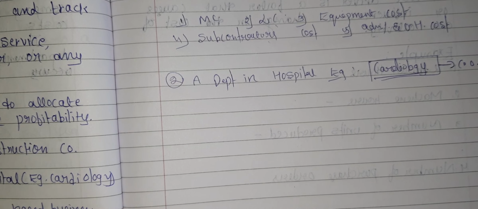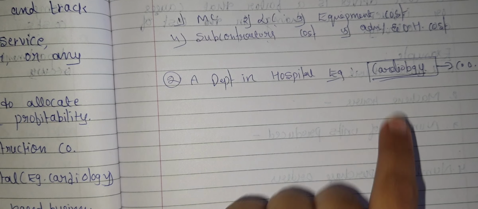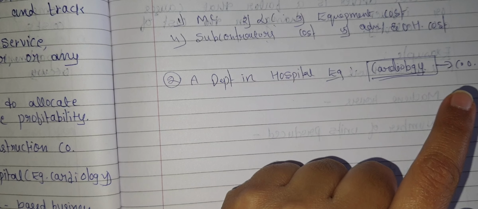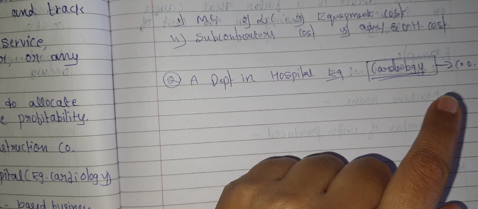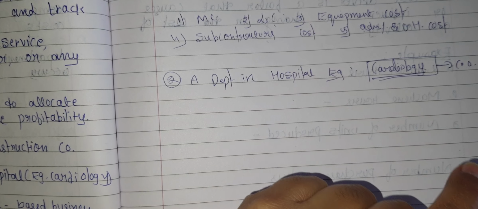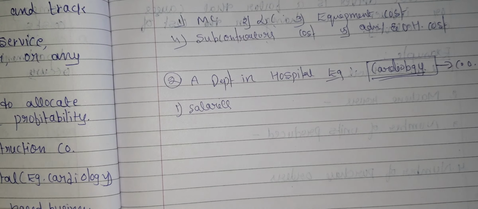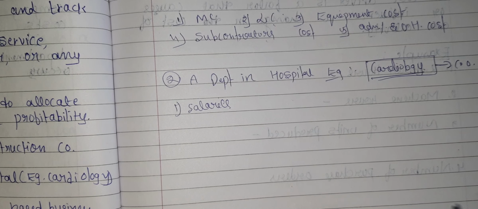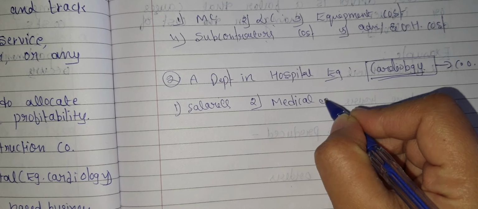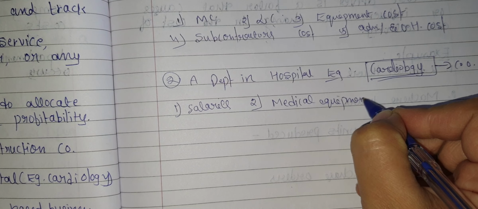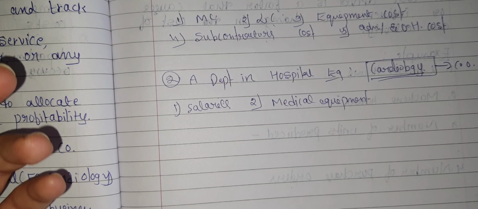The hospital tracks the costs related to the cardiology department, such as salaries of cardiologists and nurses. Second, the cost of medical equipment, for example ECG machines and heart monitors.